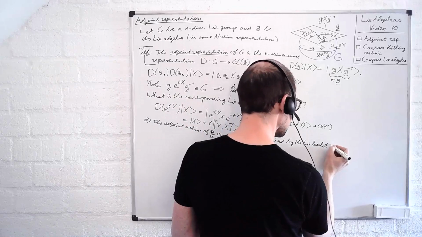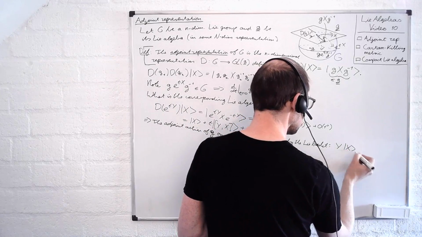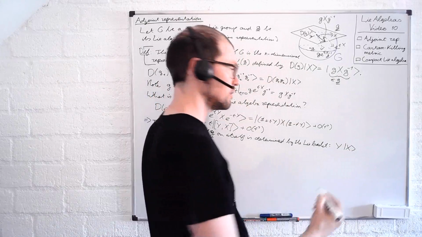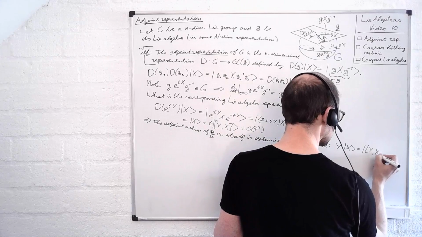So this is saying that the generator y acting on another generator x is given by the generator, which is the commutator of those two.